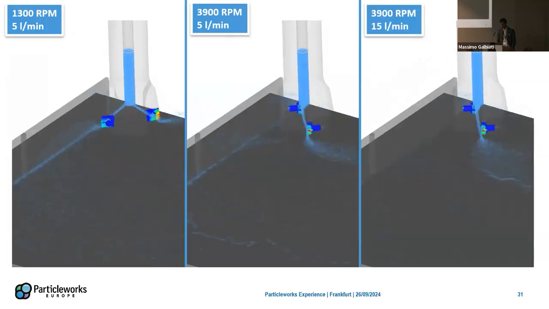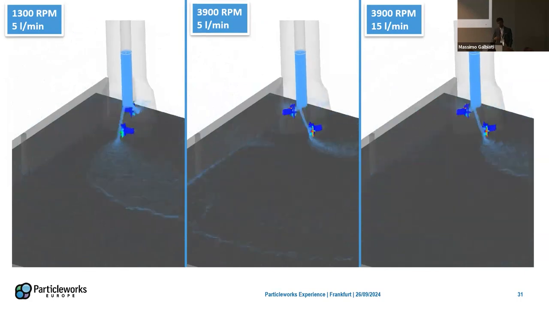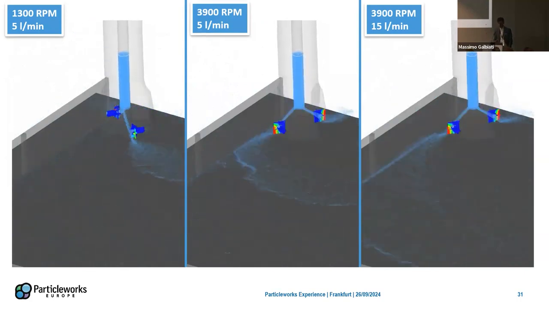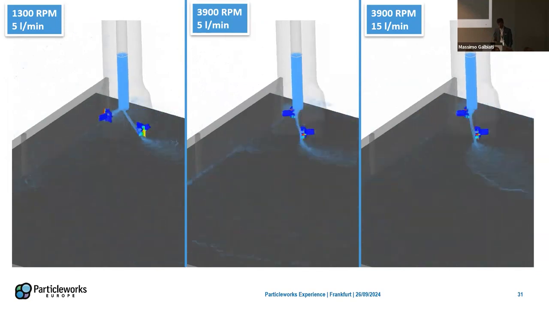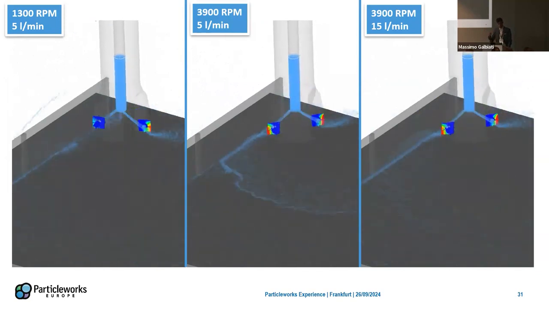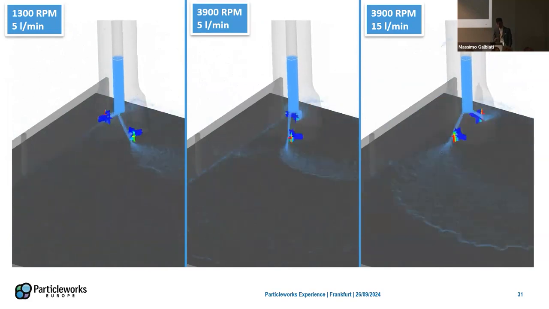And here we see the effect of rotational speed on the distribution of flow and also on the average temperature. I didn't plot the average temperature here, but we can clearly see that the rotational speed, of course, influences the amount of oil that stagnates in the proximity of the tool.